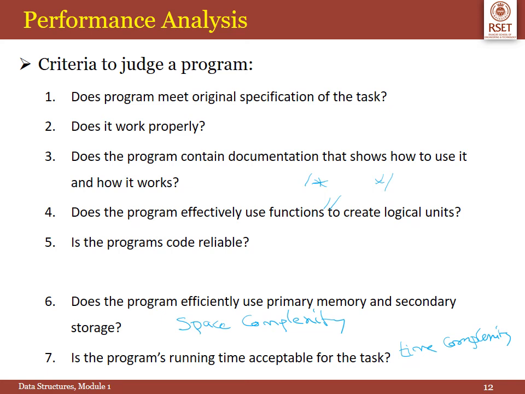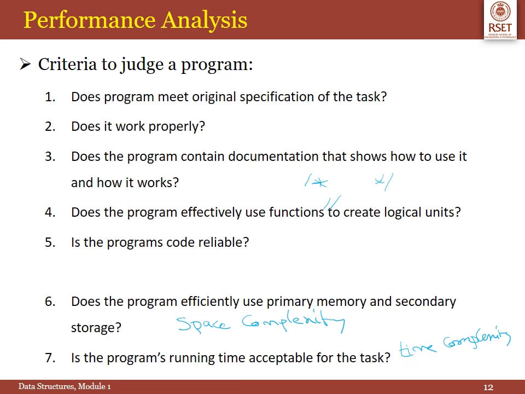Fourth point is, does the program effectively use functions to create the logical units? So each subprogram that we have defined, are we using it, is it written in a specific function, or are the functions that are required by that particular program used correctly and effectively?